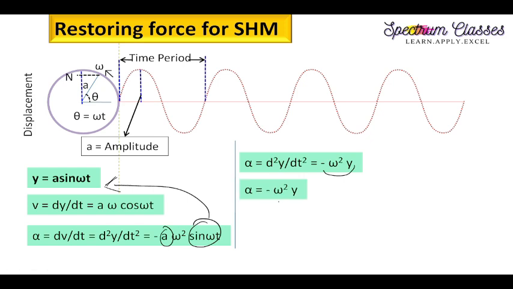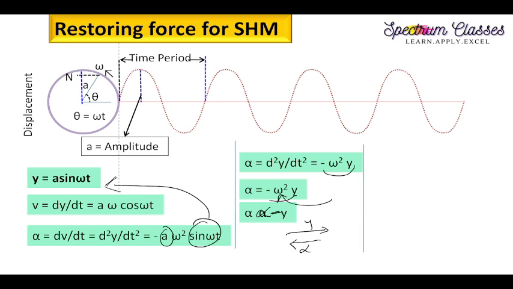This can also be written as alpha is equal to minus omega square y, and since omega, the angular frequency, is constant in this case for simple harmonic motion, a single frequency is there, therefore alpha is proportional to y. Y means displacement, and this is in terms of negative. If displacement is like this, then acceleration will be in this direction. This is the displacement, this is acceleration.